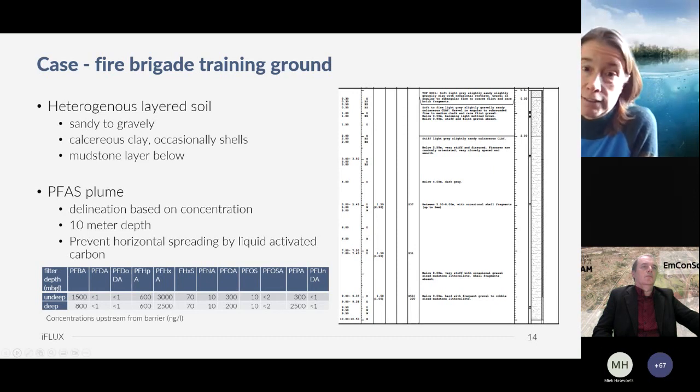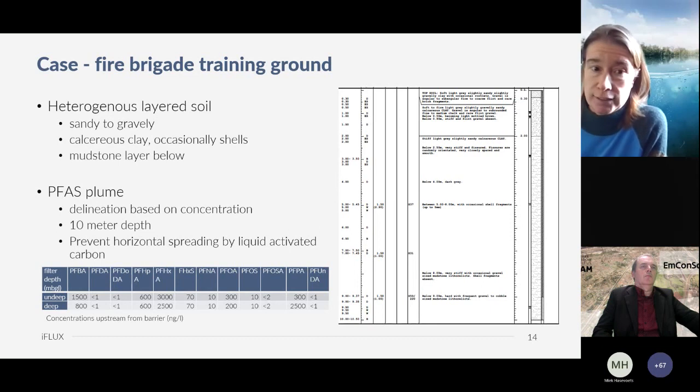Here below, you can see the concentrations. There was a well with a shallow filter and a well with a deep filter, and both were contaminated. Because of the heterogeneous aquifer, it was very uncertain to just estimate the fluxes based on those concentration measurements and the limited hydrogeological data available on site.